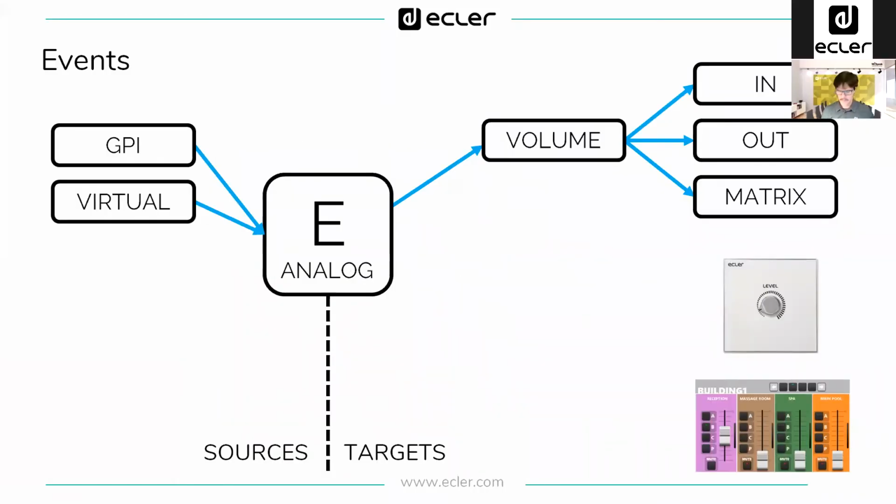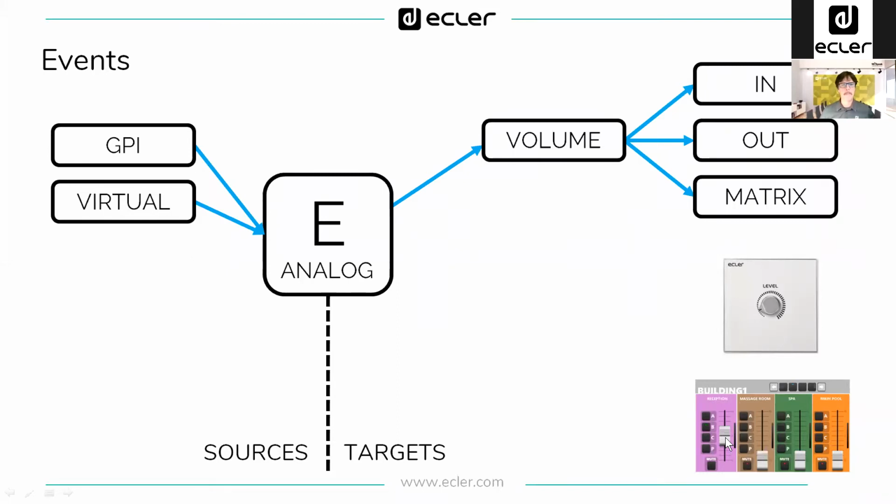Here, okay. So events. Let's start with an analog event, okay? An analog event, the source, the stimulus, would be a GPI or a virtual. A GPI can be a potentiometer. The virtual would be a fader.